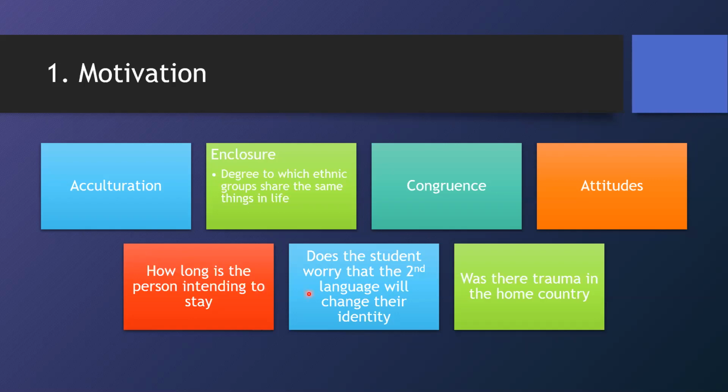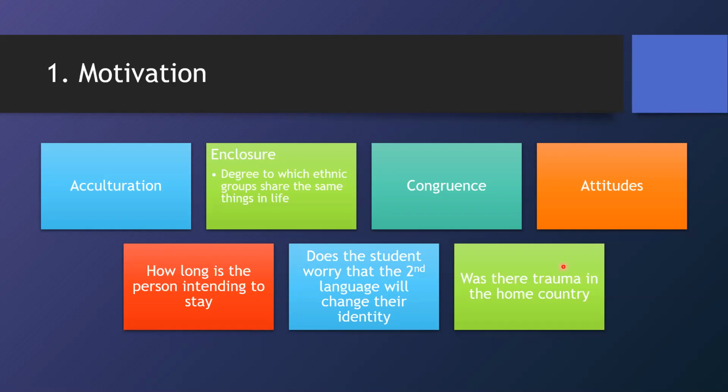And again, coming back to acculturation, does the student think that learning English is going to change who they are? Does it mean that they are no longer a Guatemalan American or a Dutch American or a Chinese American, etc.? And what led them to leave their country of origin?